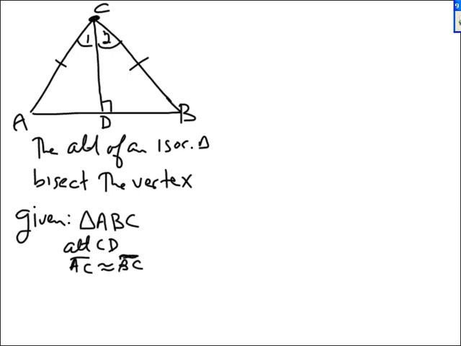Two sides are equal. And that's it. You're given the triangle, you're given the altitude, and you're given that it is an isosceles triangle. And what we want to prove is not AD, but CD bisects angle C. Angle C is the big one.